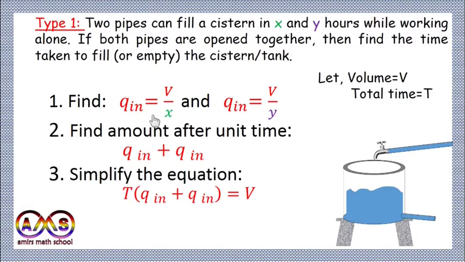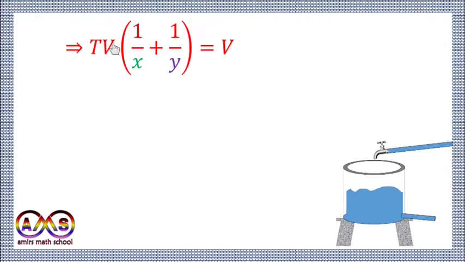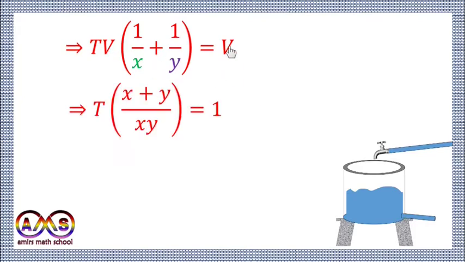So just substitute the value of Q in, which is V by X, and the other Q in, the value is V by Y. So T into (V by X plus V by Y) is equal to V. Now if we take V common here, then T times V into (1 by X plus 1 by Y) is equal to V. Then cancel the V from both sides.